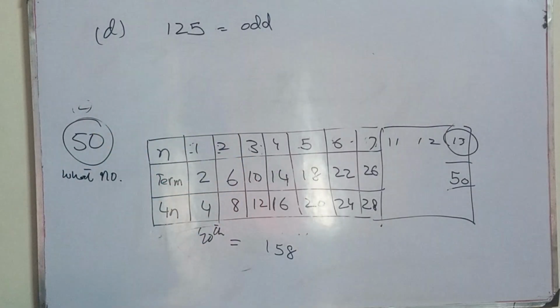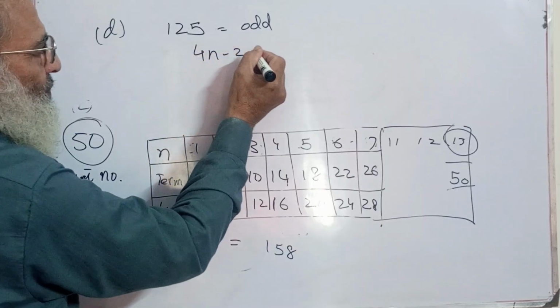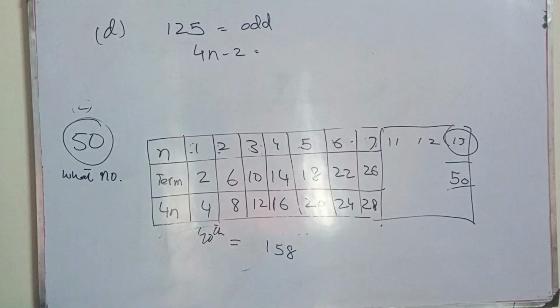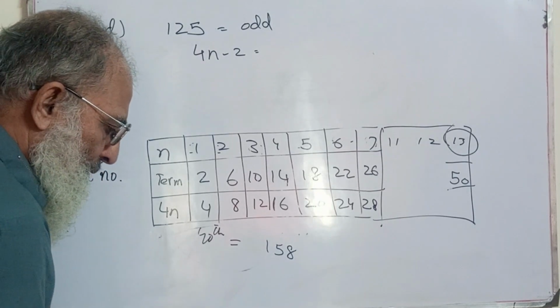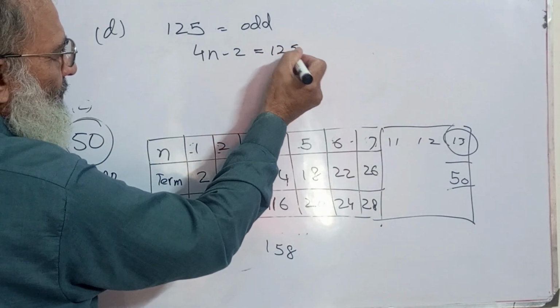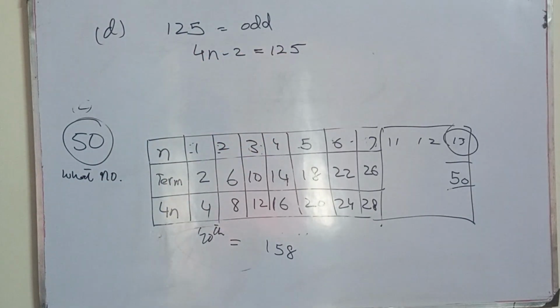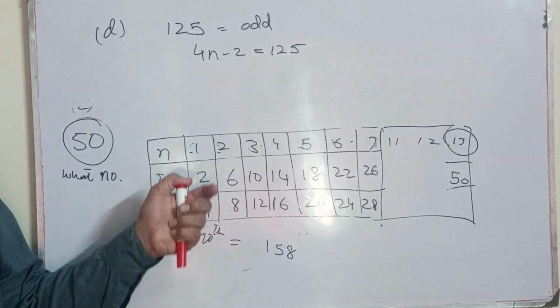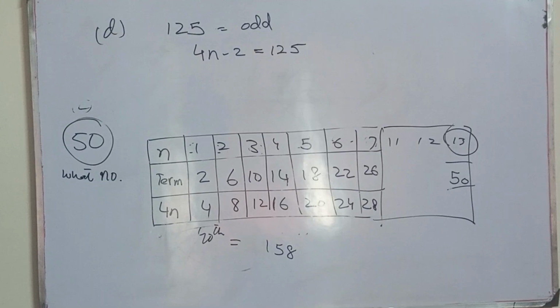And number two is, we'll use the formula which was 4n minus 2. Now suppose, of course this is our hypothesis, that the number is in the sequence, that it is 125.